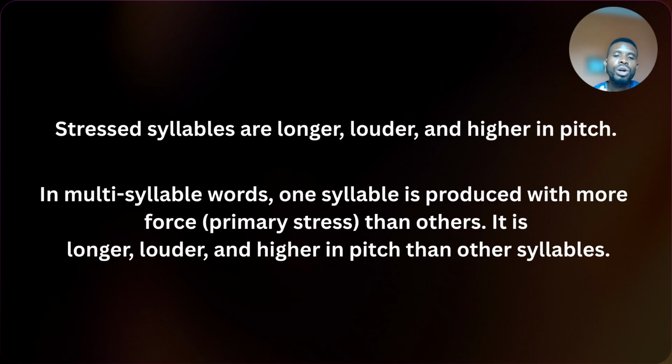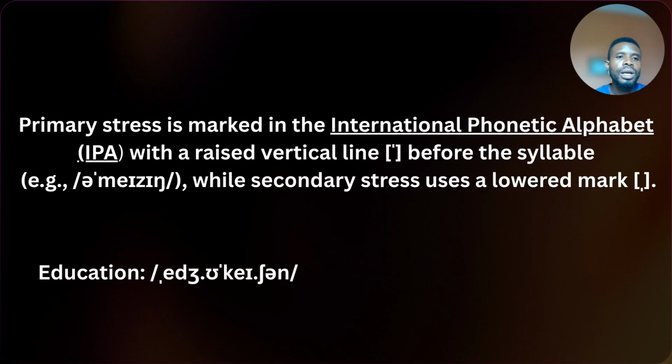Now, stressed syllables are longer, louder, and higher in pitch. In multi-syllable words, that is in words with more than one syllable, one syllable is produced with more force, that is primary stress, than others. It is longer, it is louder, and higher in pitch than other syllables. Primary stress is marked in the IPA with a raised vertical line. Now, the IPA means International Phonetic Alphabet.